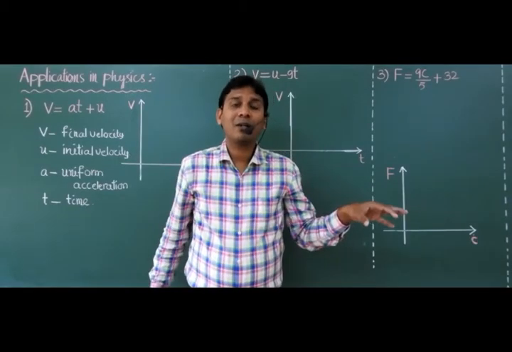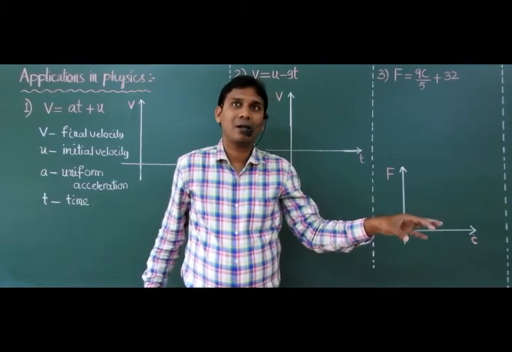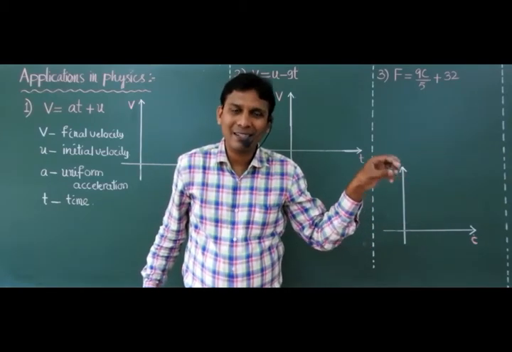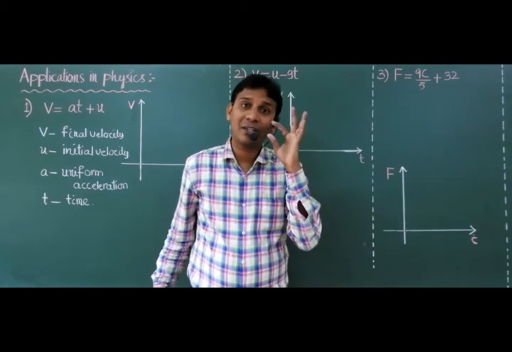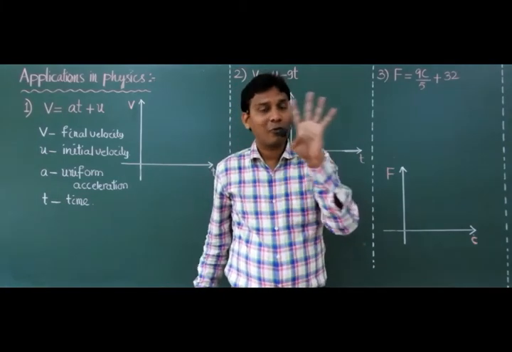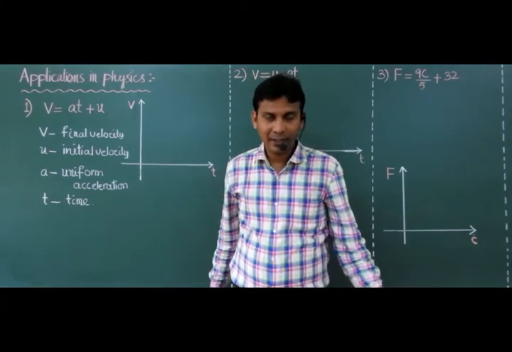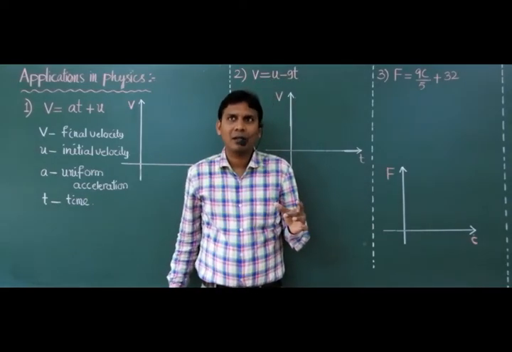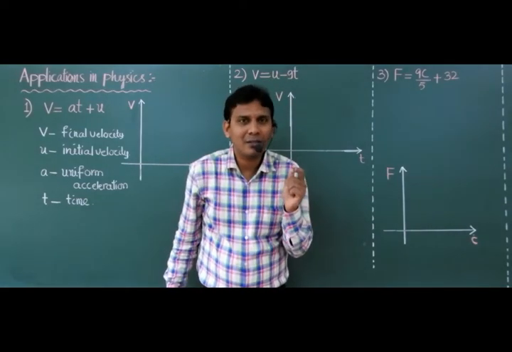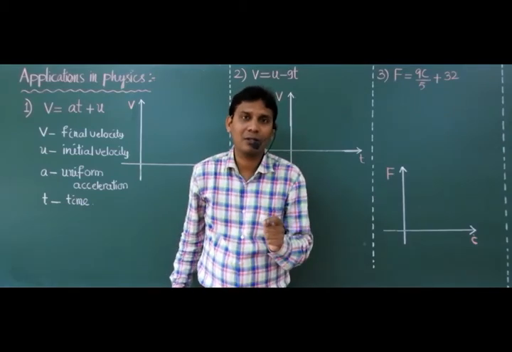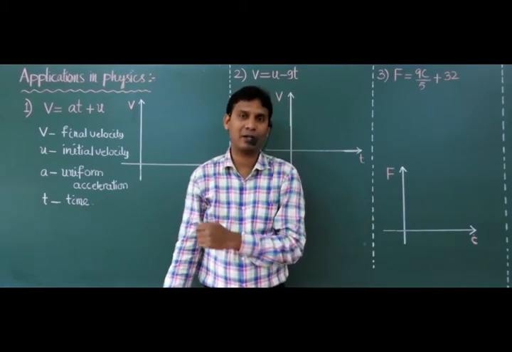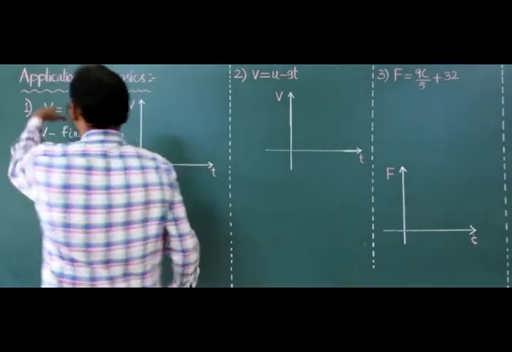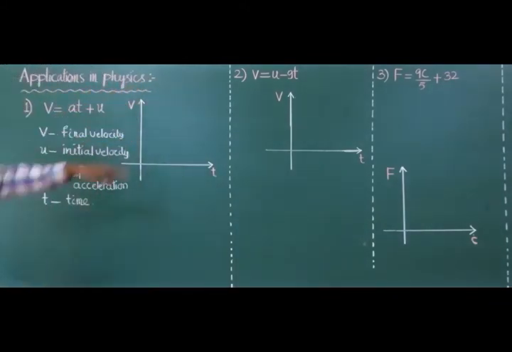Now, so far we discussed the y equal to mx plus c form, its nature and 4 cases. Clear? Now, our basic question is where we use this linear relation equation from the physics point of view. So, applications in physics. V is equal to U plus AT.